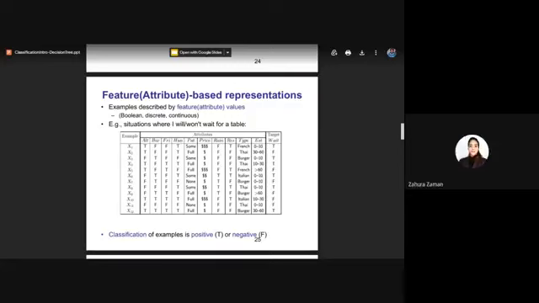French, Thai, burger, Italian. Now tell me how many French are there, how many Thai, how many burgers, how many Italians? 2 French, 4 Thai, 4 burger, 2 Italian.